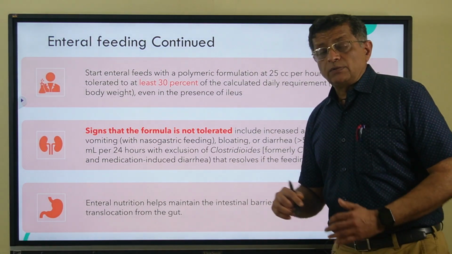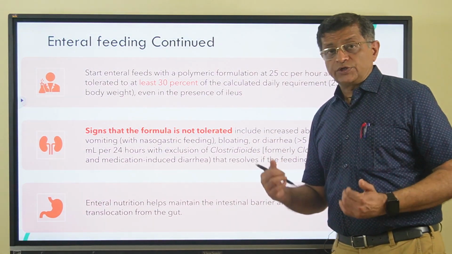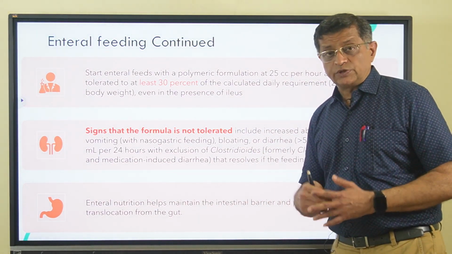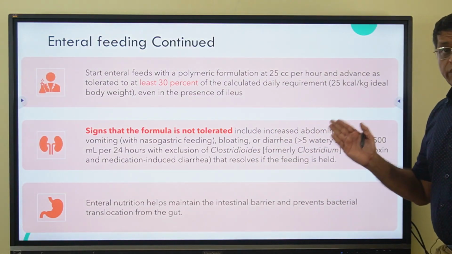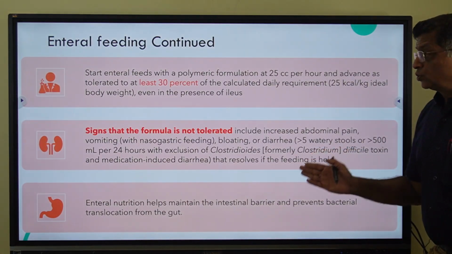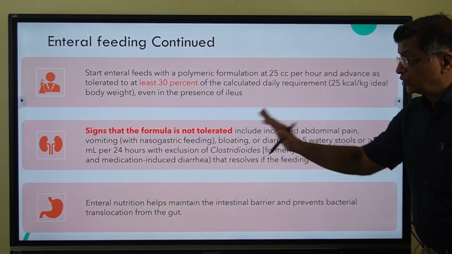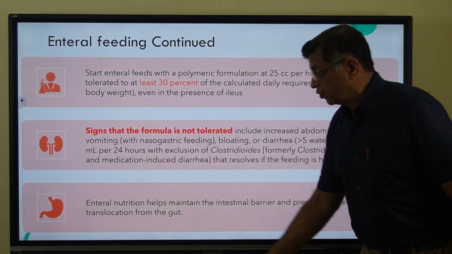Right? So if the patient doesn't have clostridial infection and no medicines which cause diarrhea, still the patient has more than 500 ml of watery diarrhea in 24 hours, this is the sign that the patient is not tolerating the enteral formula.